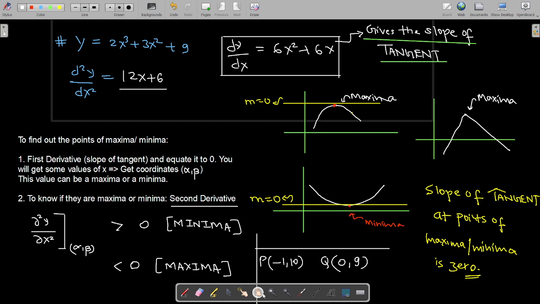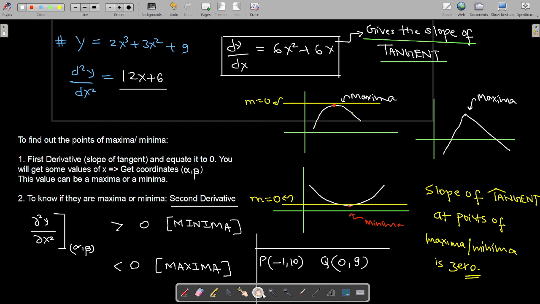See the steps, the two steps I've written. The second step to know if the values are maxima or minima is the second derivative. The second derivative we have already done. Then you have to put the values of the coordinates in the second derivative. What is the second derivative?